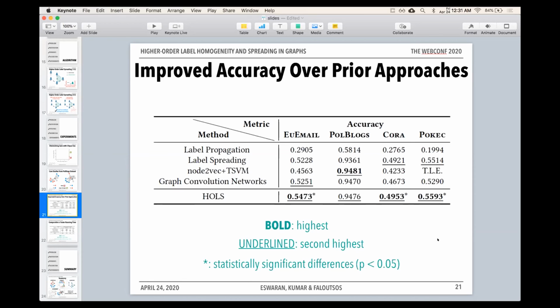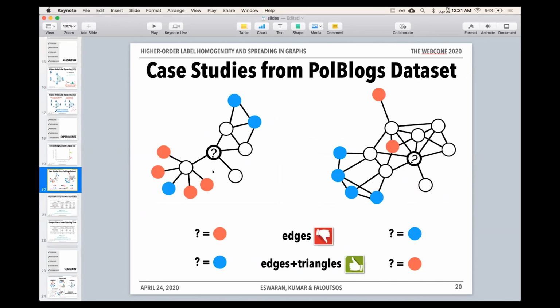So, I think there are multiple reasons for where triangles might help and where they might not. For example, I presented two case studies where triangles do help.